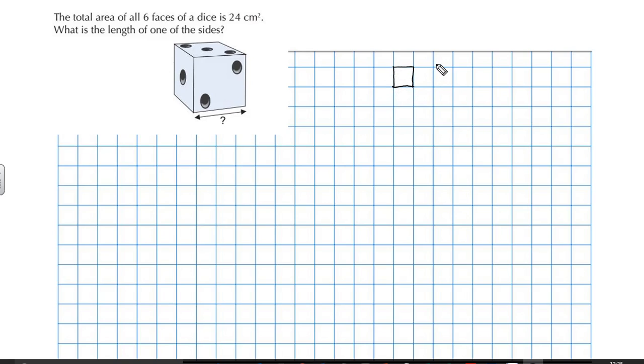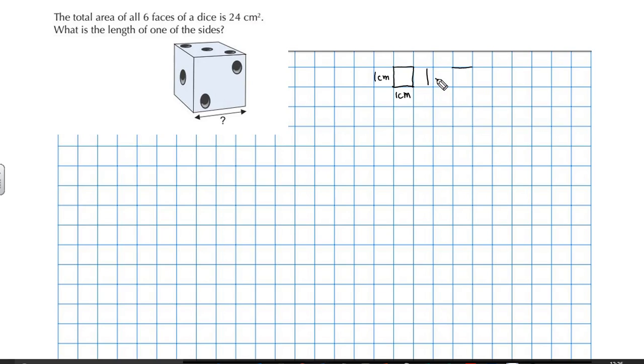I'm going to treat each of these squares as if each of these measurements is going to be 1 centimeter. So this is 1 centimeter, the length of this side, and this is going to be 1 centimeter. And this is a 1 centimeter square.